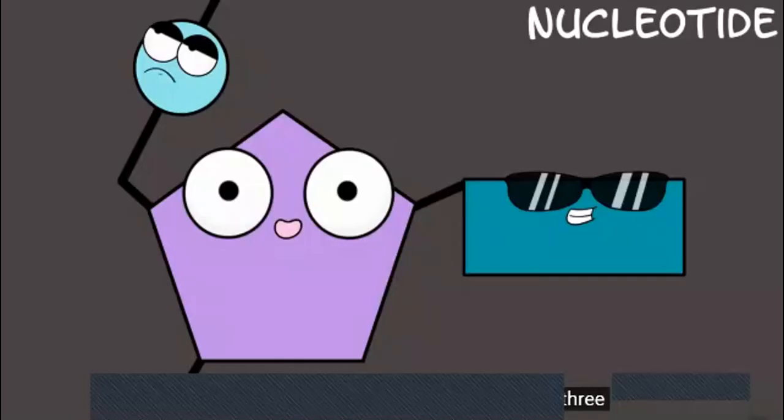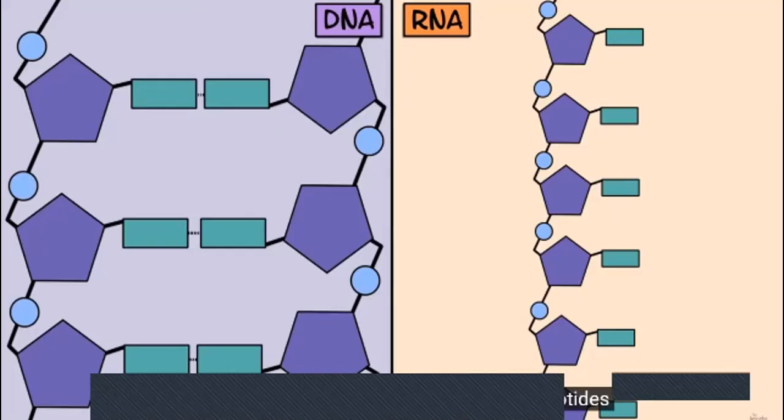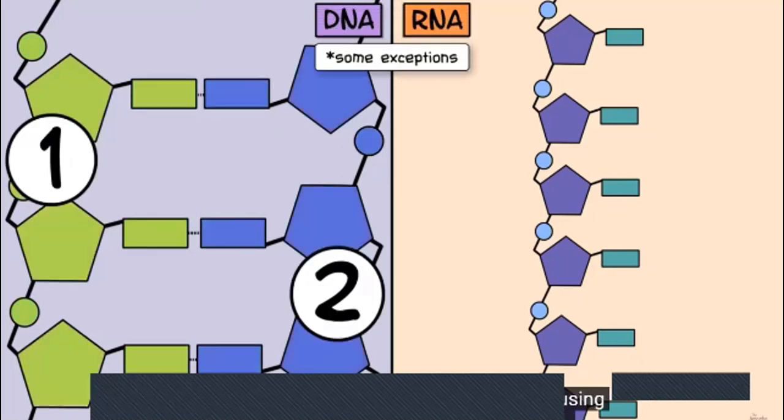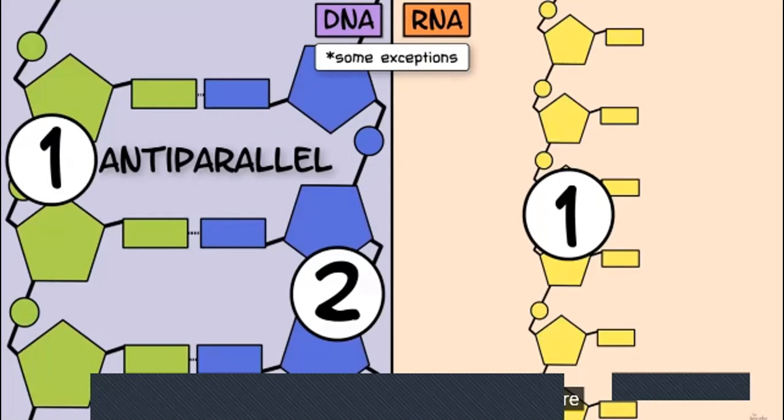The nucleotides of both RNA and DNA have 3 parts: a phosphate, sugar, and a base. Let's draw 6 nucleotides of DNA and 6 nucleotides of RNA. DNA is generally double-stranded, and if focusing on these 2 strands of nucleotides here, you can see they run anti-parallel to each other. RNA is generally single-stranded, so you are just seeing one strand here.